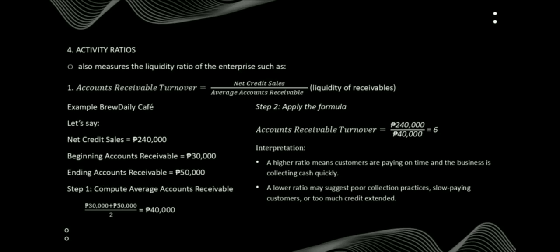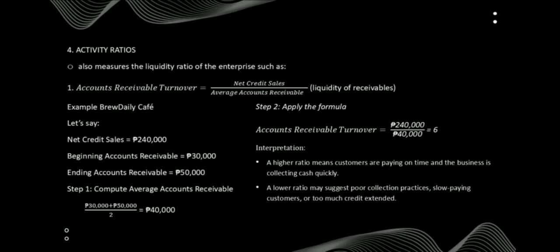Accounts receivable turnover. This ratio tells us how many times the company collects its average receivable annually. It measures the liquidity of receivables or how quickly a business collects money from credit customers. Let's use Brew Daily Coffee as an example.